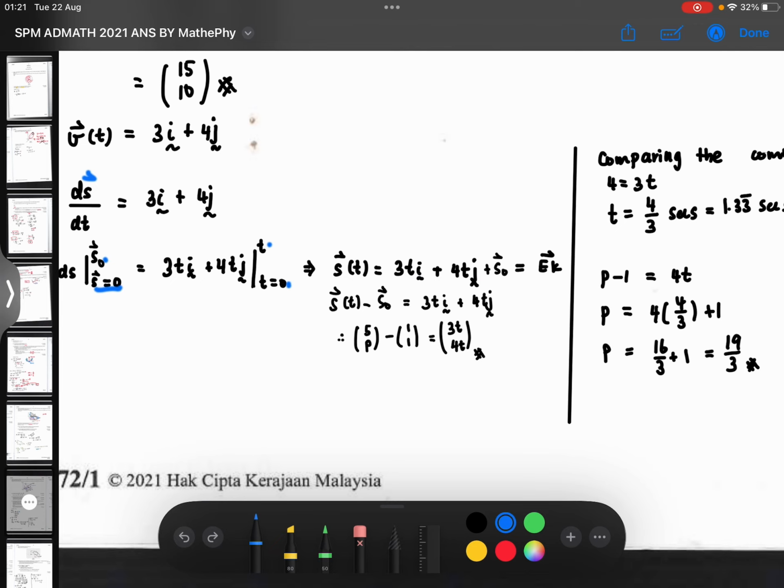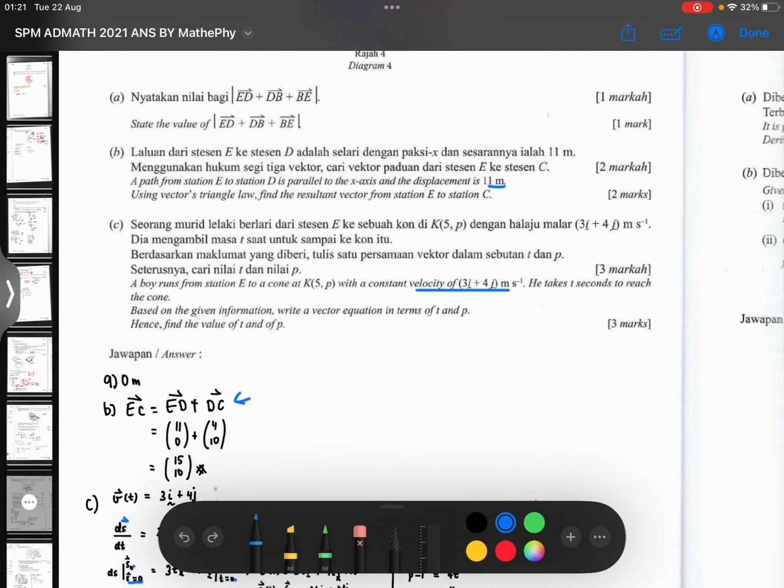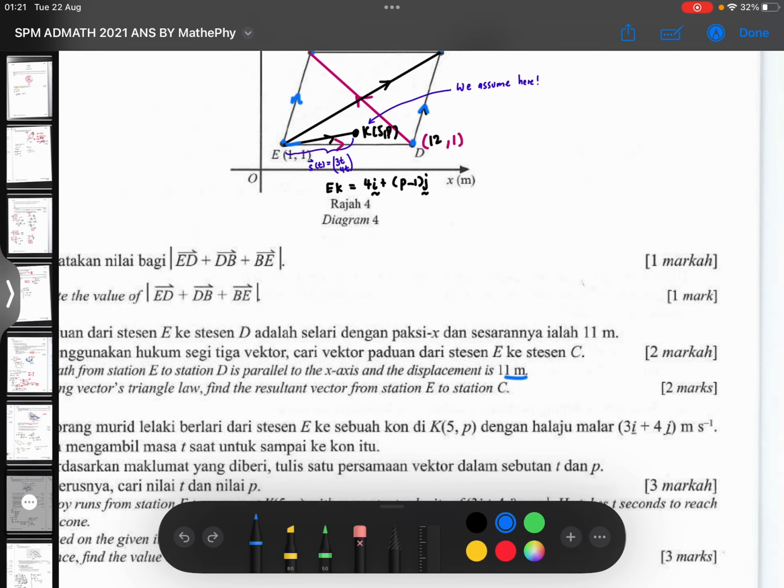Okay, vector equation. So this st is actually vector EK, because the displacement vector we solve is actually EK itself.